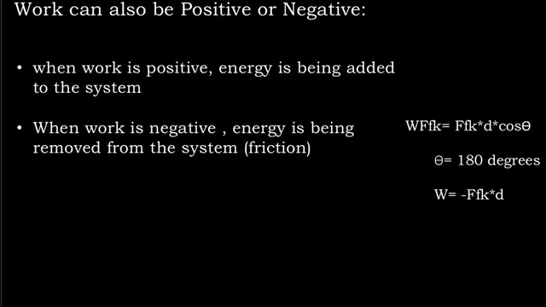Work of kinetic friction, FFK, is equal to kinetic friction times d times cos theta. When you rearrange, you figure out that theta is equal to 180 degrees, which leaves you with work equaling negative friction times d. Now to move on to another sample problem.